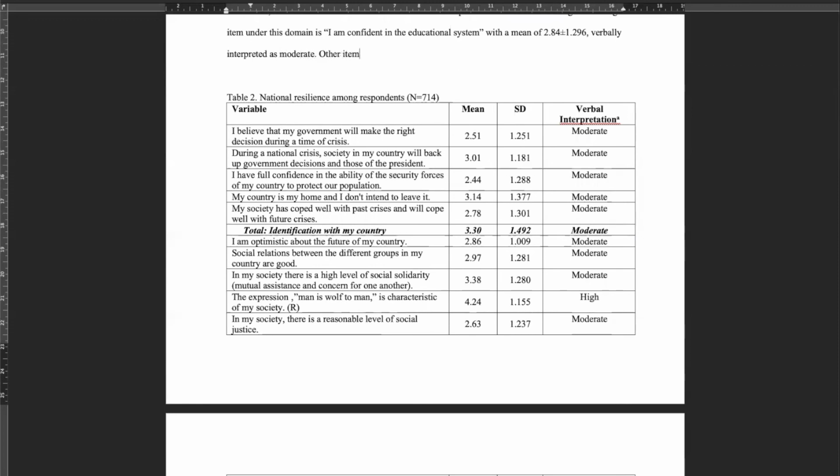Other items under this domain have scores within the low level range, something to that extent, no?